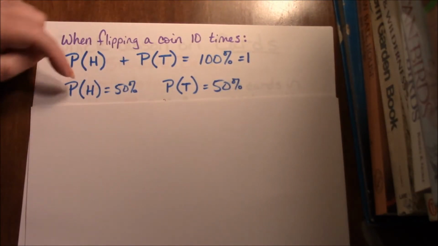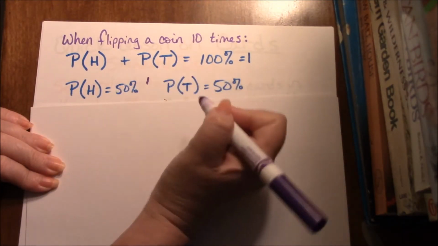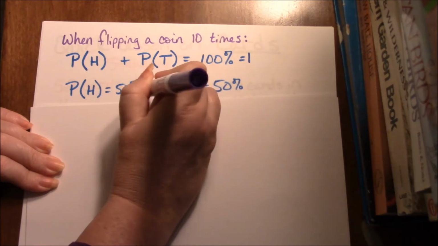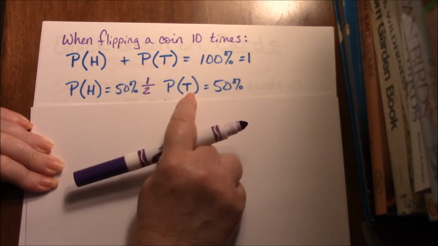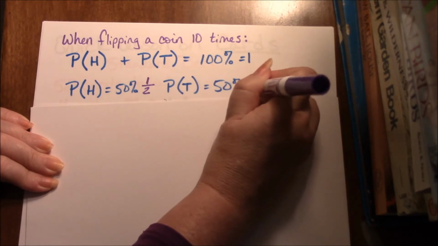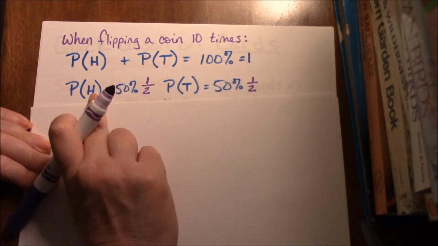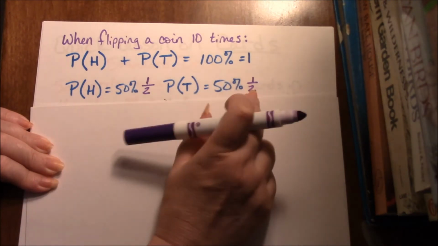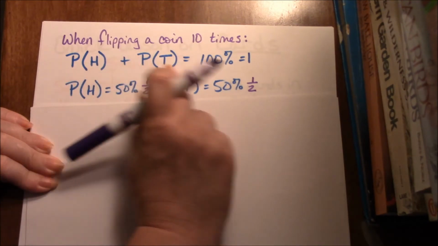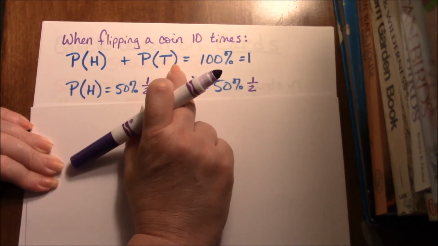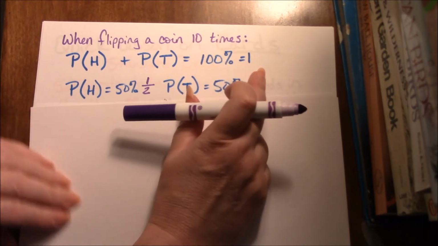The probability of heads is 50% because heads is 1 outcome out of a total of 2 outcomes. The probability of a tail is also 50%. It's 1 in 2. And when you add the probability of heads and the probability of tails, you get 1. When you add up the probability of all the possible outcomes, it should equal 1, or you're probably doing something wrong.